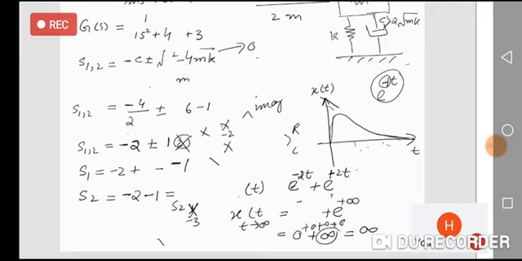That means that this is an underdamped system. Students, yahan tak clear hai? Yes, sir. Clear.